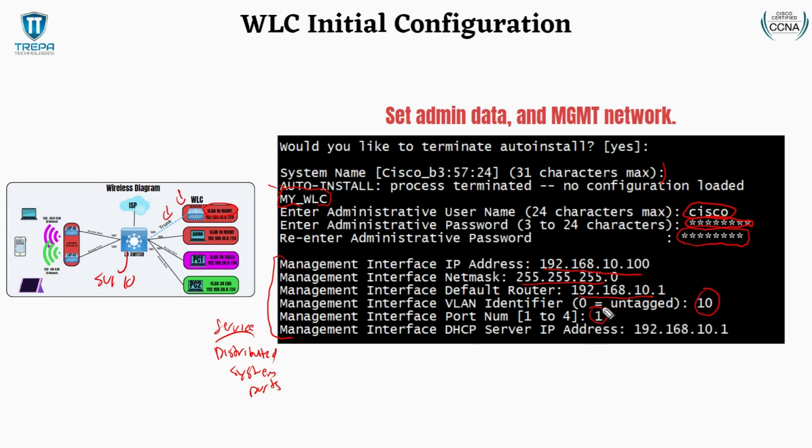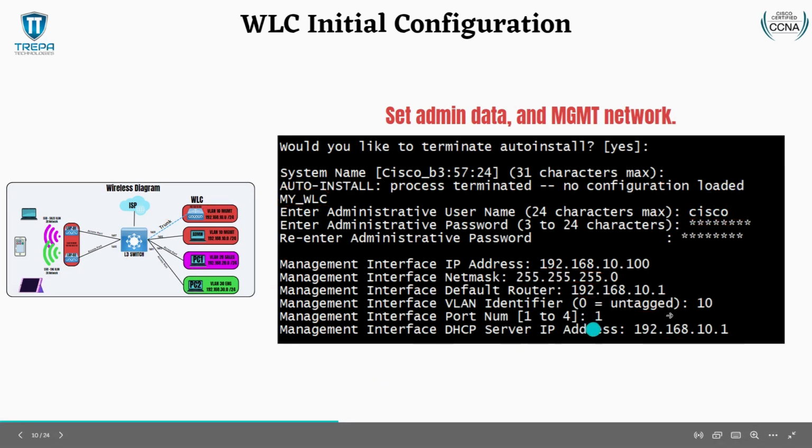So I'm just using interface 1, so I put 1 right there. And then our management interface DHCP server IP, that's also just going to be our default gateway, right? That's where our DHCP server lives. If our DHCP server lives somewhere else, you'd put that different IP address.